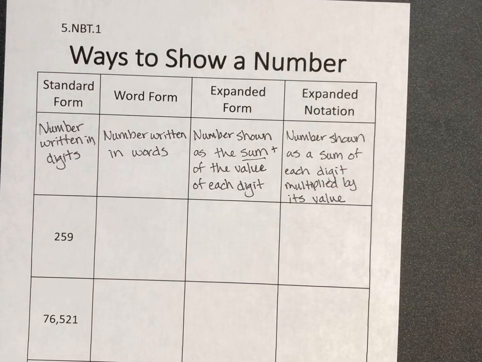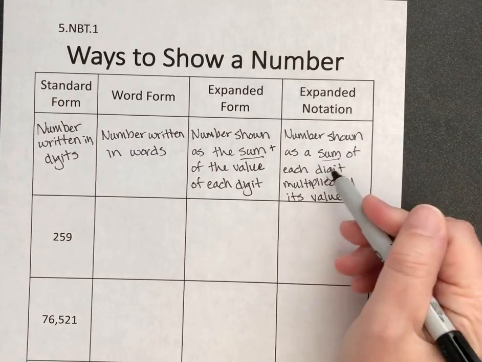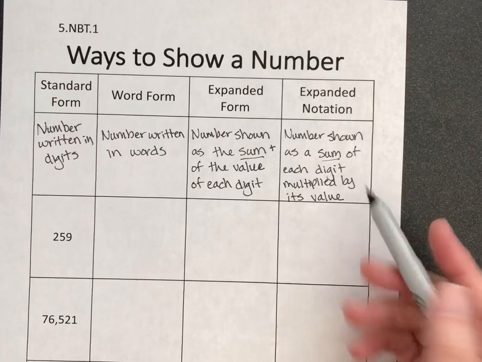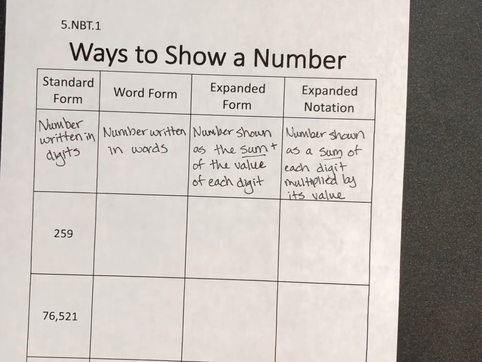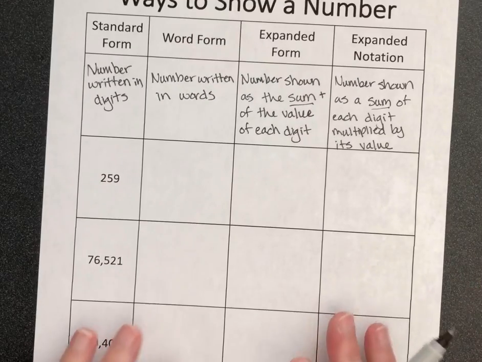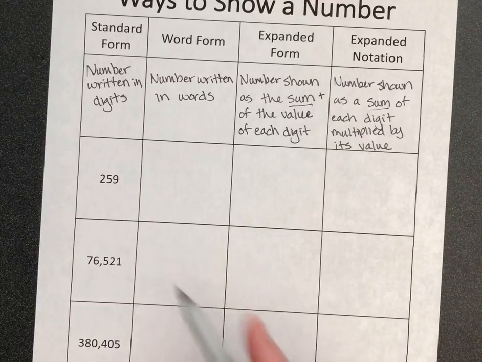Okay, so we'll talk about that. And again, it's going to look very similar to this one. You saw a lot of the same things, but it does look a little bit different. So let's take a look at some examples here, and that I think will help us to understand.